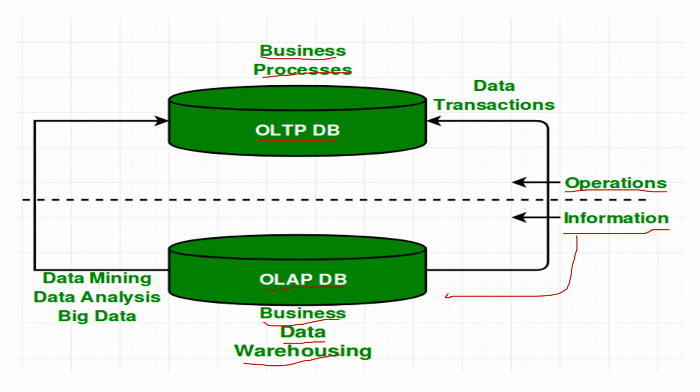We don't record transactions, we record information. The OLTP is the database that operates on a daily basis, and then it comes here as information to store in the data warehouse. The function here is data transaction record, whereas in OLAP the functions are data mining, data analysis, and big data.